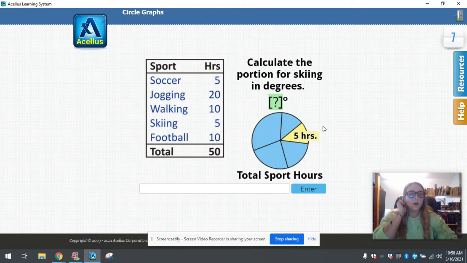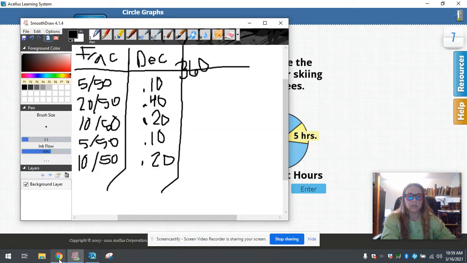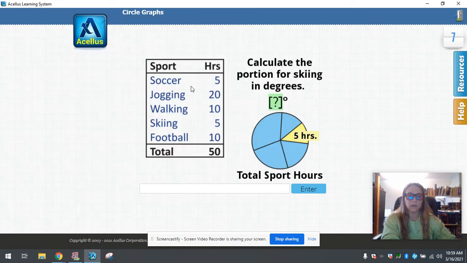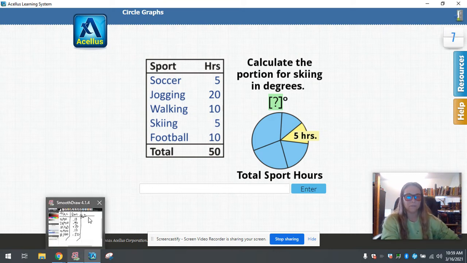Okay. All right. So all we have to do is go 0.10 times 360 to figure out what degrees to fill out in the circle graph to represent the proportions of how much time was spent playing soccer or also skiing because they're the same amount of time.